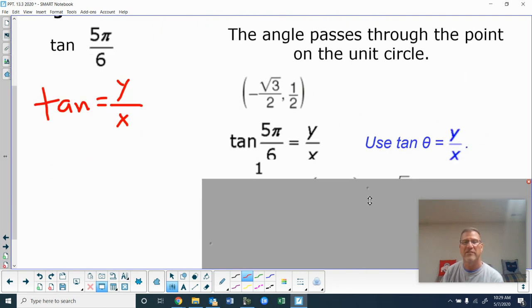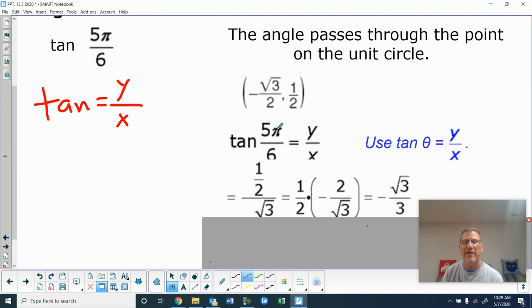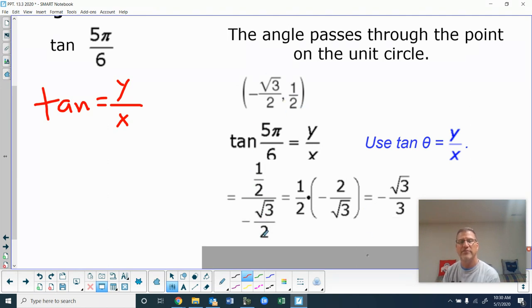They have it there. So the y is 1/2 divided by the x, negative radical 3 over 2. Remember, when you divide two fractions, it's much easier to multiply by the reciprocal. So they did 1/2 times, and they flipped it, and the 2's will cancel.